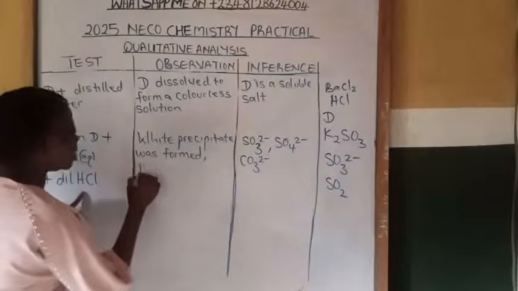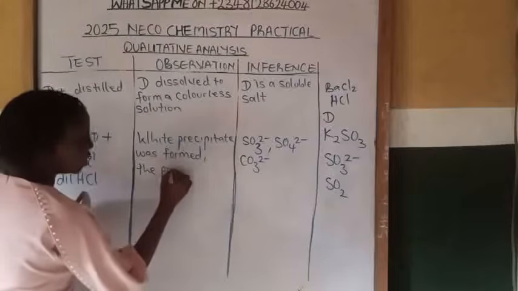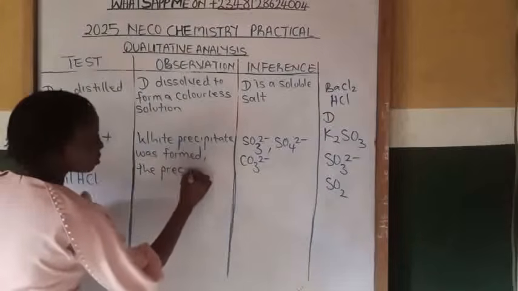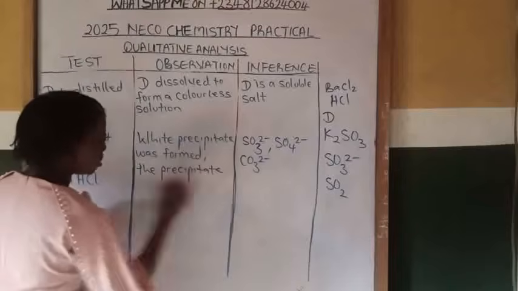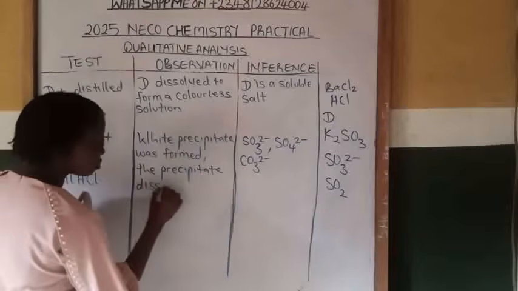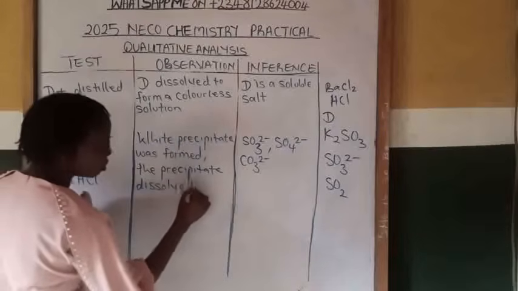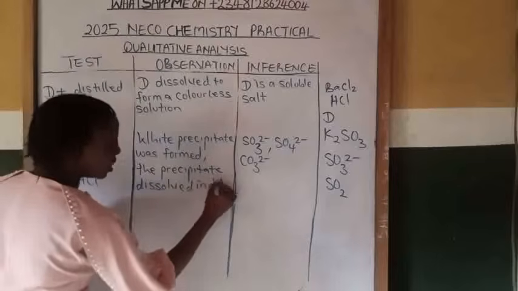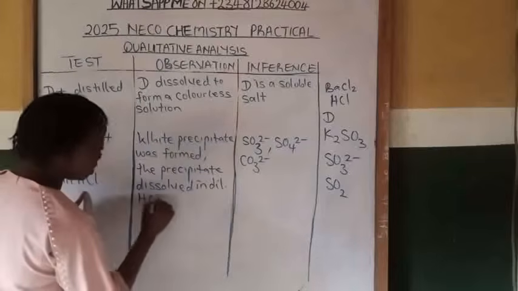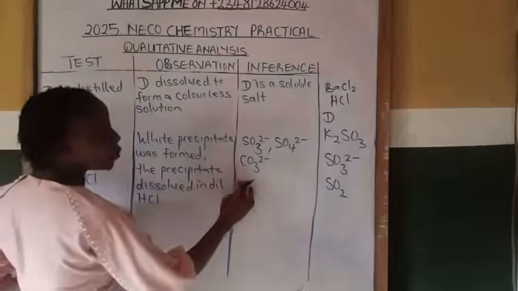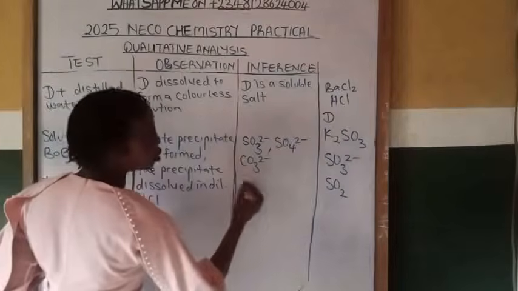So we are going to write the precipitate dissolved in dilute HCl. So which confirms the presence of SO3 minus.